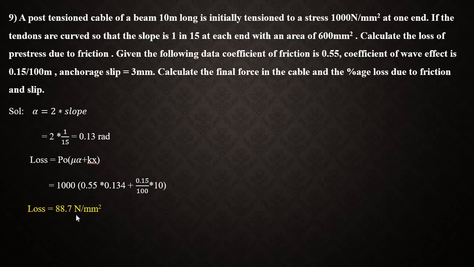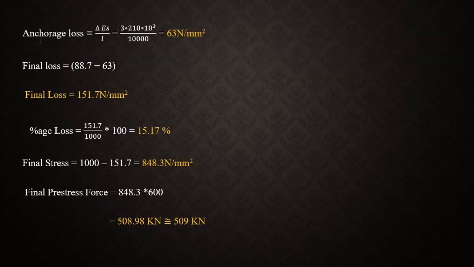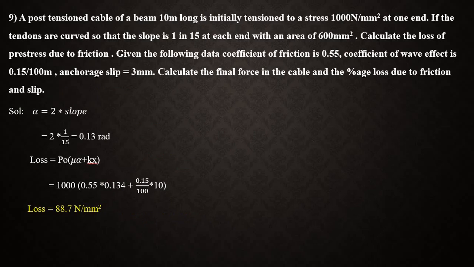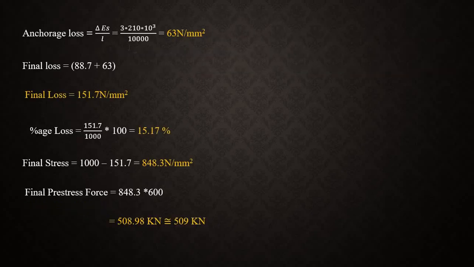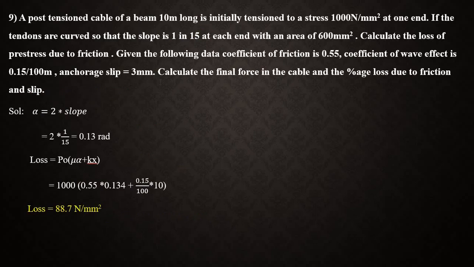The first loss is over, that is the loss due to friction. The next is loss due to anchorage. The standard formula for anchorage loss is delta ES by L, where delta is the anchorage slip, already given as 3 mm, and ES is the Young's modulus of steel. If they have given it, take the value.